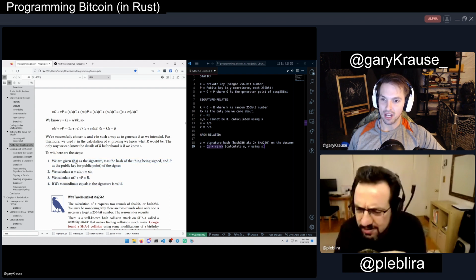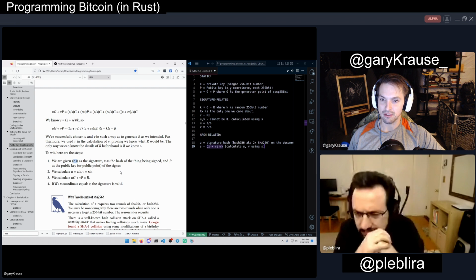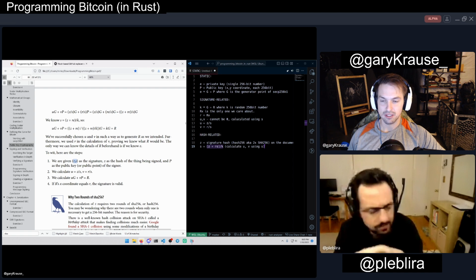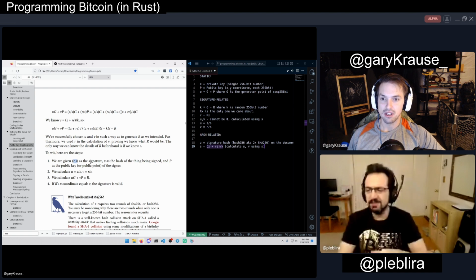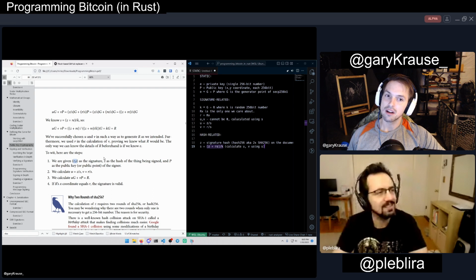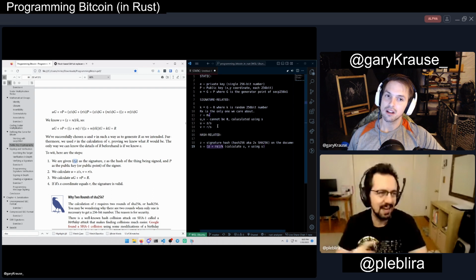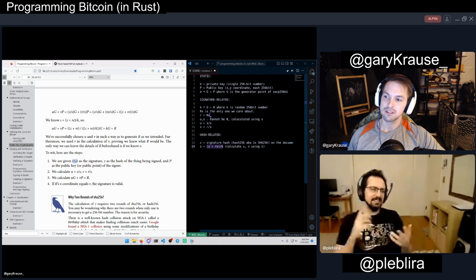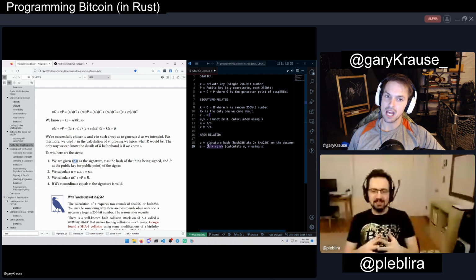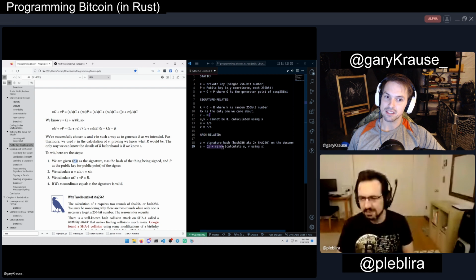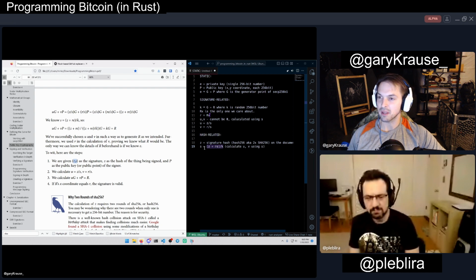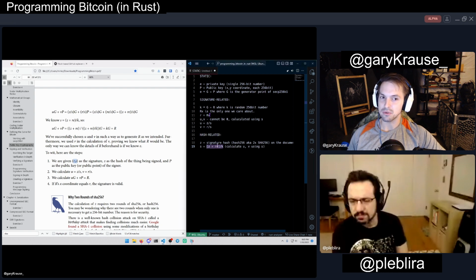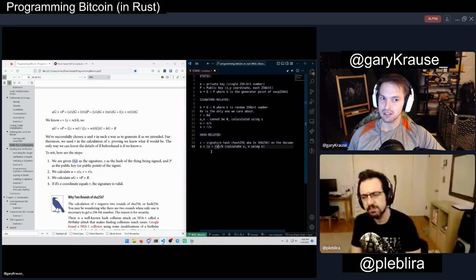So we're given R and S, the random X value and S as a signature. Let me just refresh my memory. Lowercase r is the X coordinate of our generated random point. And S is the signature. Oh, okay, that makes sense. So S is the signature, which we generate using E.